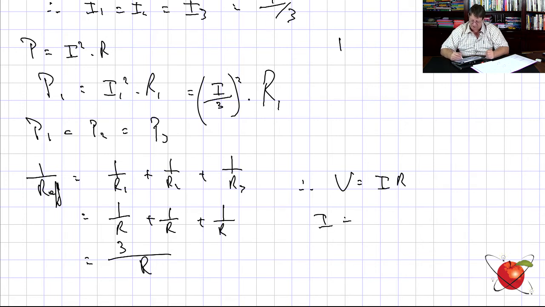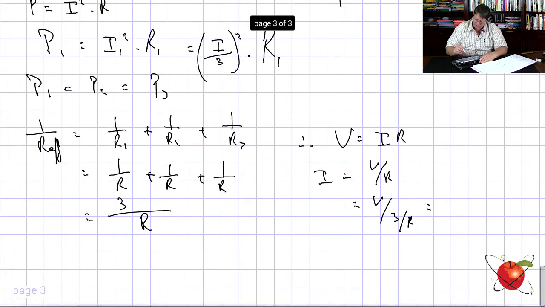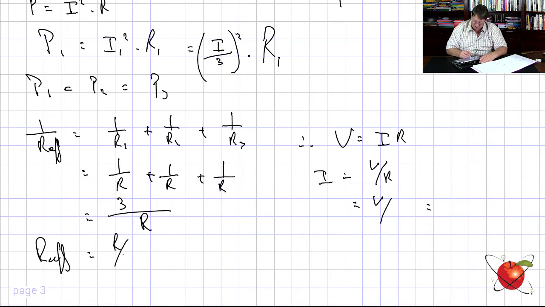Therefore, I for the circuit is V over R effective, and R effective here is R over 3.